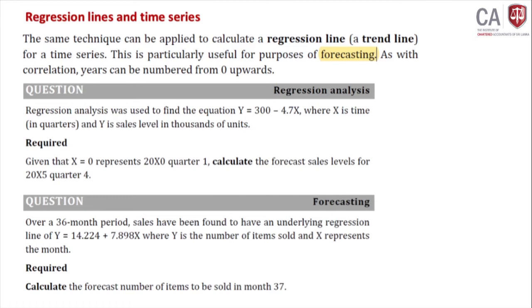Let's say our variables are for 5 years, or let's say 4 years: 1, 2, 3, 4. This is the number of years, and this is sales output.